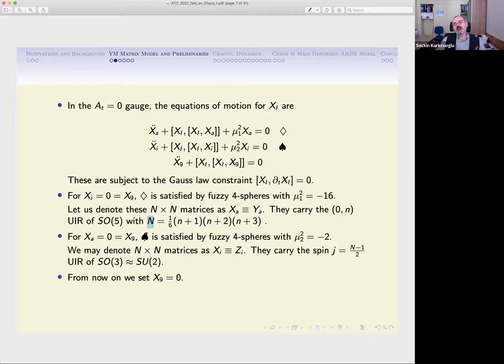You cannot have any matrix size that you want. All right, so this is, very briefly, how the fuzzy two-spheres and fuzzy four-spheres are being introduced into this matrix model, because they are actually the solutions of these equations of motion in some limiting cases, as I have just described here.